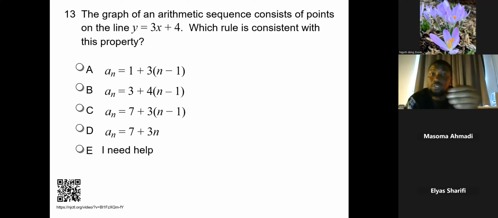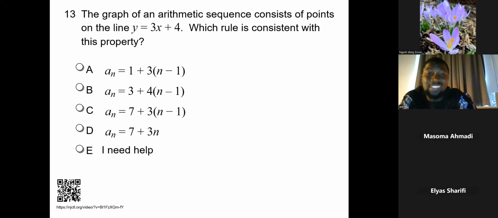So 3 times 1 plus 4 gives you the first term, because x represents the number of terms. If it's the first term you are talking about, you put 1 for x, and that is 3 times 1 plus 4, and that gives you 7. So you could see that in the answer options, there are only 2 options that have 7 as the first term.